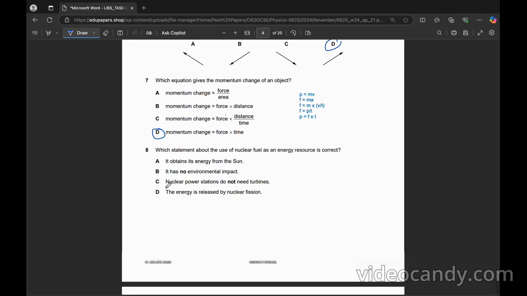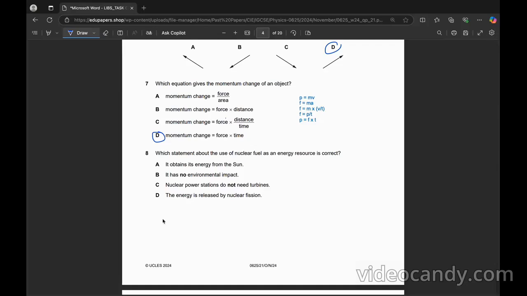So C will be wrong as well. Indeed, the energy is released by nuclear fission, and when fission happens, a large nucleus splits into smaller ones, and then it loses mass, and that's why you get energy according to E is equal to mc squared. So then D would be the correct answer.